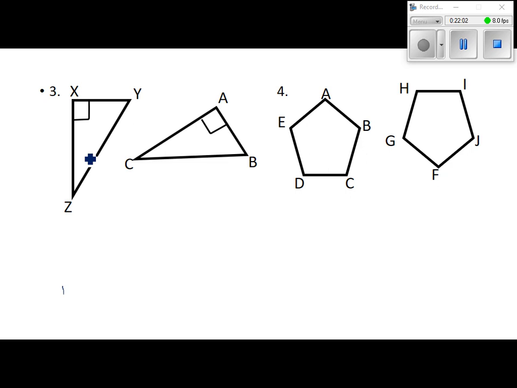So on 3, they tell us that this is 2.5 and this is 2.5. So those two are congruent. This is 4.3 and this one over here is 4.3. So those two are congruent. And this is 30 degrees.